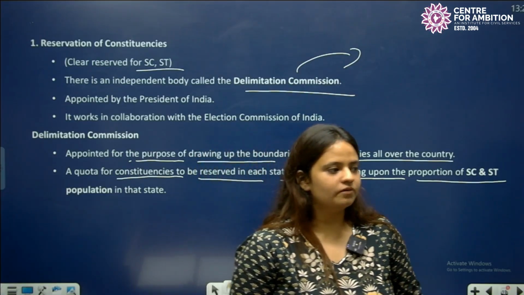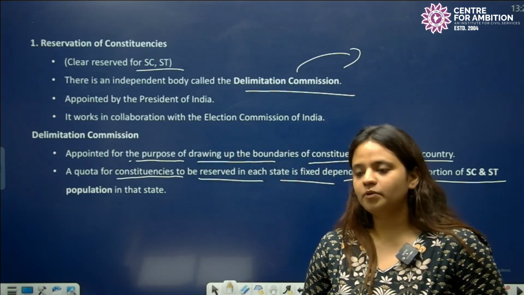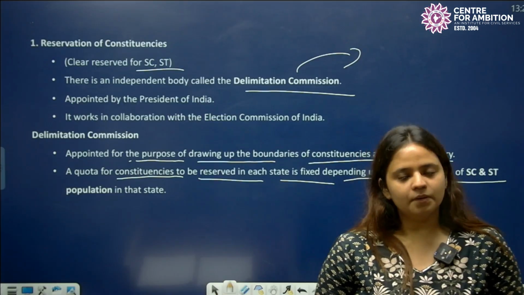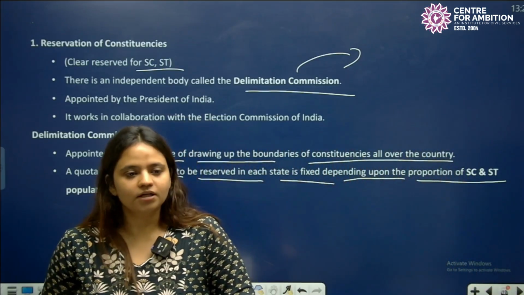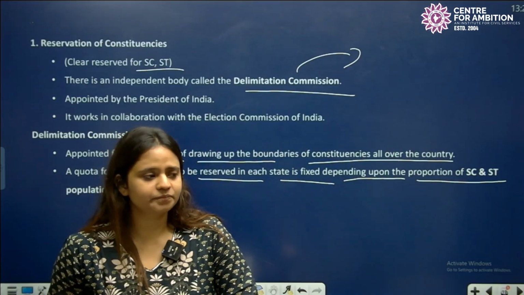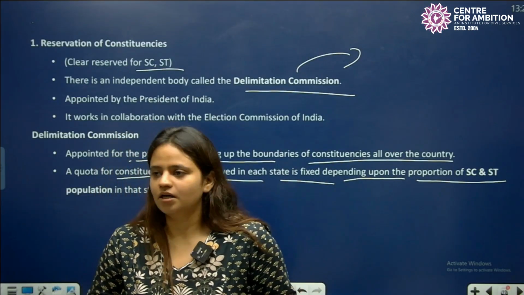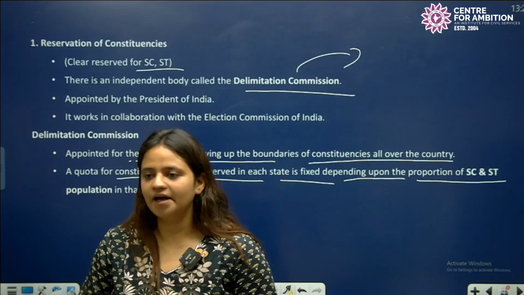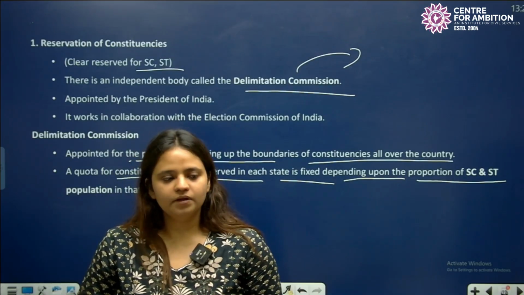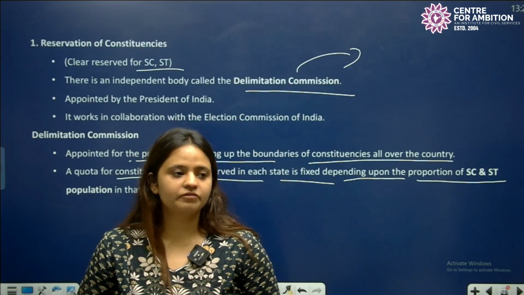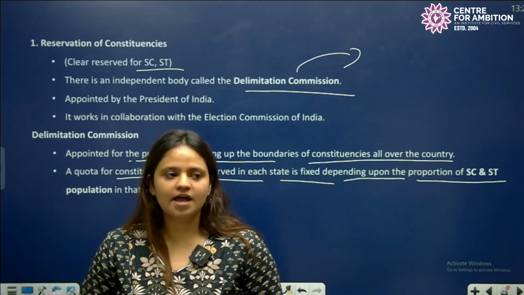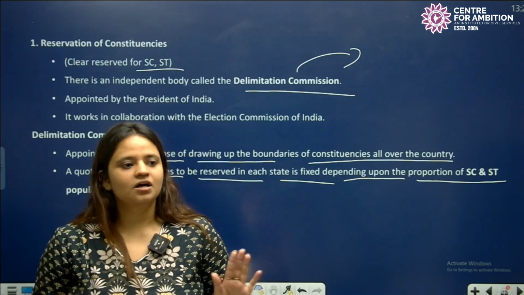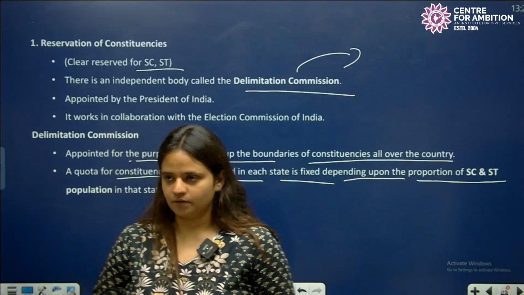Suppose in a constituency we have a great population of SC people, then we have more reservation for the SC candidates there. For example, in one constituency we have a higher number of ST people, then we'll have more reserved seats for the ST candidates there and fewer for the SC ones, because the population differs.